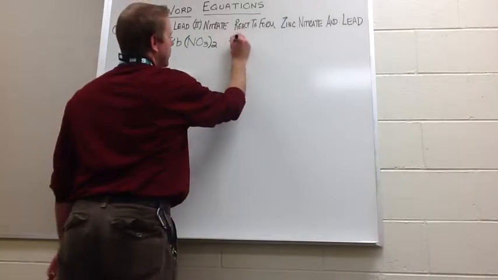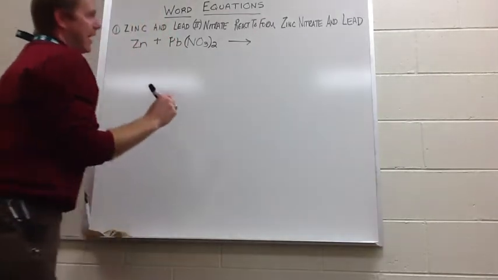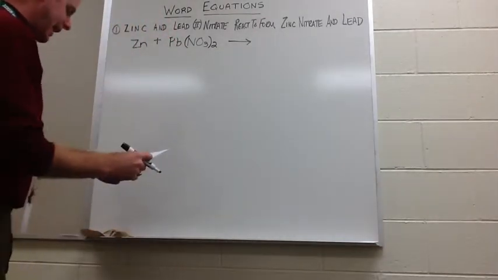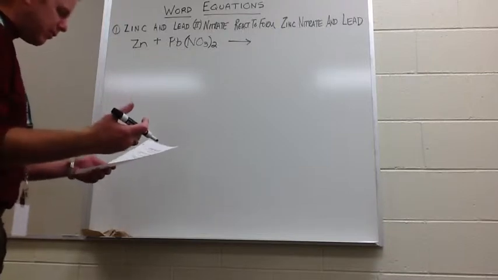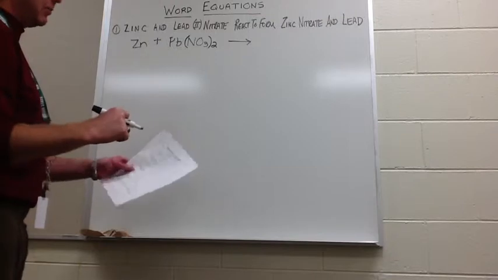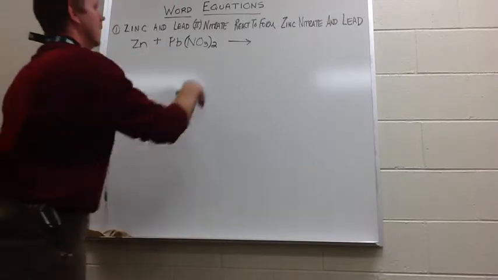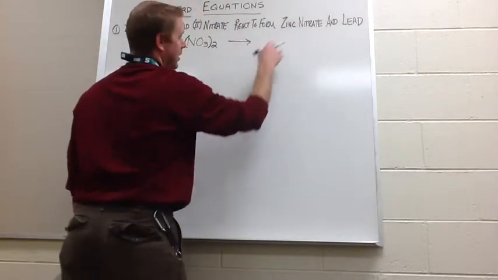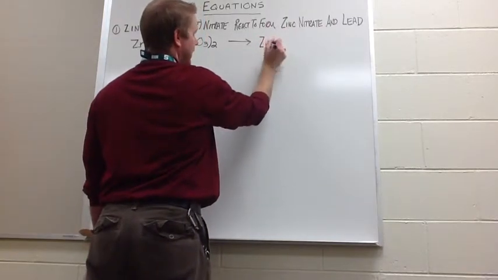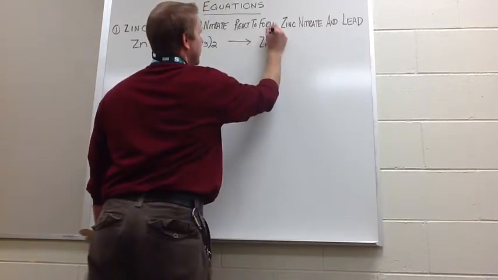Reacts to form. Whenever I see that, I write an arrow. It means to make: reacts to form, creates, combines to form. Sometimes you have to read between the lines, but usually I give you something. All right, so reacts to form, boom. You're going to make zinc nitrate. So zinc, Zn, is +2. Why?